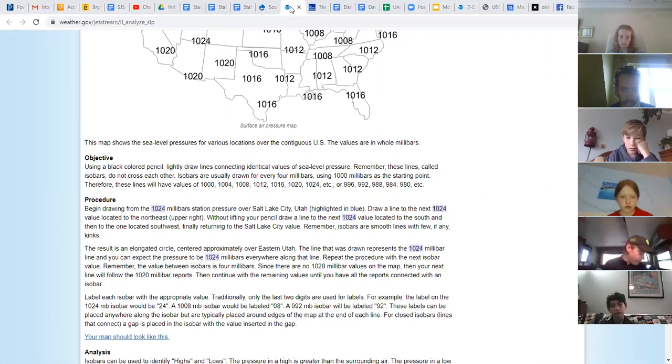Mr. Crockett. Yes. Sorry, I might have missed this. What are the units for pressure? MB? Okay, millibars. And then Leah, to answer your question, there is always going to be the range, and it's the one given in the directions.